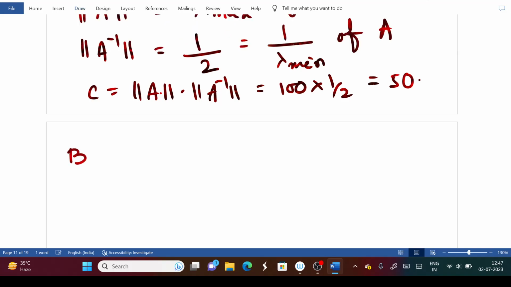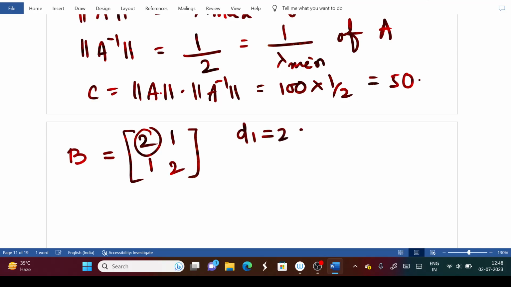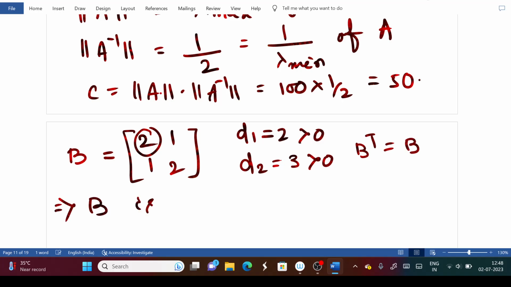The B matrix is given as [2, 1; 1, 2]. It is a symmetric matrix. D1 is equal to 2, which is positive, D2 is equal to 3, which is positive, and B transpose is equal to B. So this implies B is positive definite.